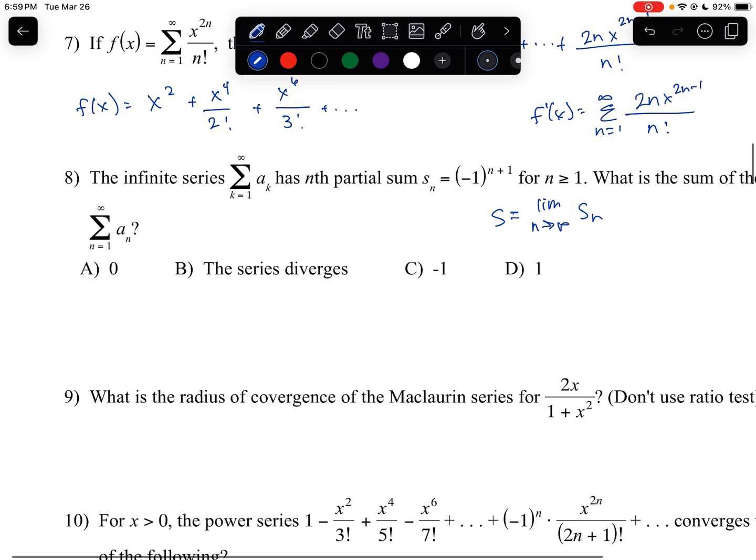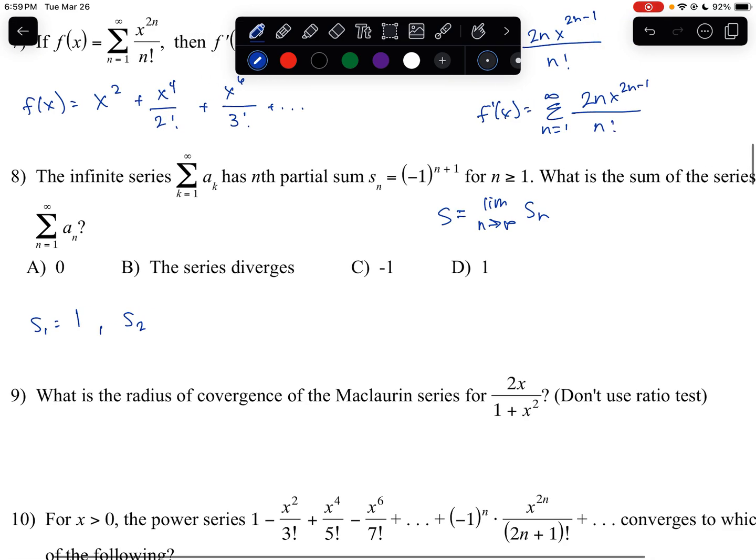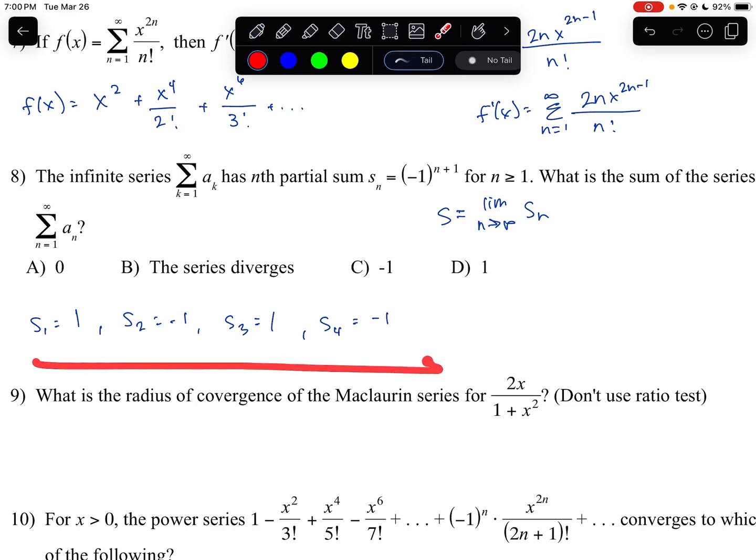If you think about s sub 1, the first partial sum, if I plug in 1, I'm going to get 1 for my first partial sum. If I plug in 2 for s sub 2, then I'm going to get negative 1. Plug in 3, s sub 3, I'm going to get 1. And if I plug in 4, my fourth partial sum is going to be equal to negative 1. So the limit as n approaches infinity of this sequence, what's happening to it?